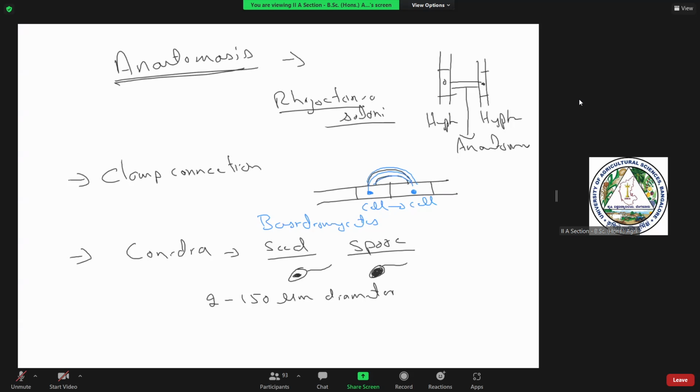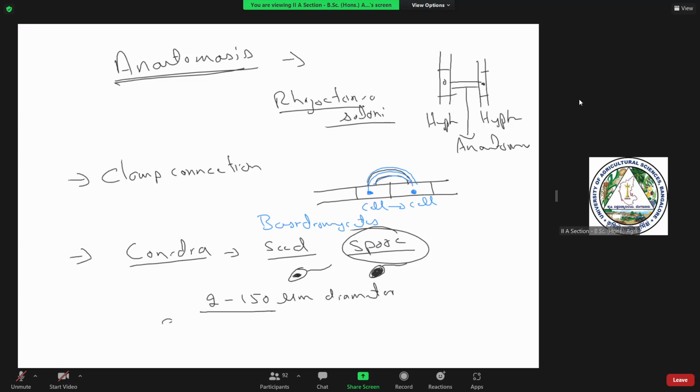We can call this a spore, a conidia, or sometimes a sporangiospore. These conidia differ in shape and size.